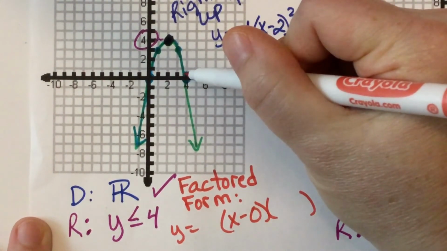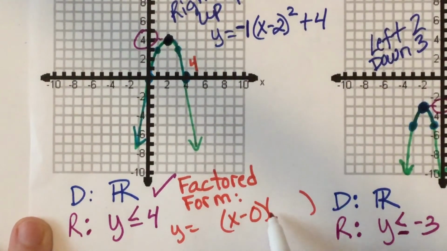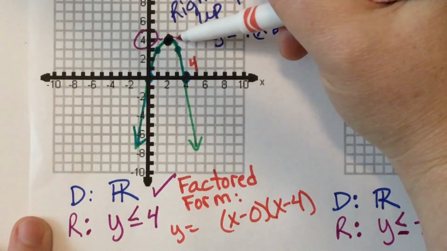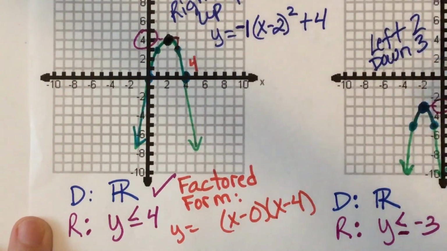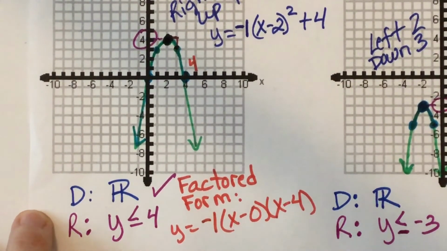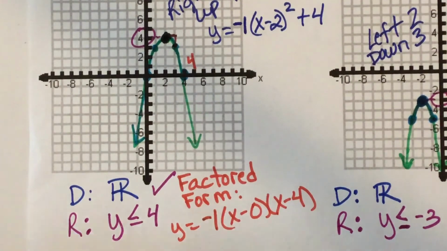And it's also touching at 4. So what do you think it's going to be? X minus 4. Now let's look at our a. Go to the vertex. After you go right 1, you have to do what? You have to go down 1 to hit the graph. So our a is a -1, and that's factored form, and we're done.